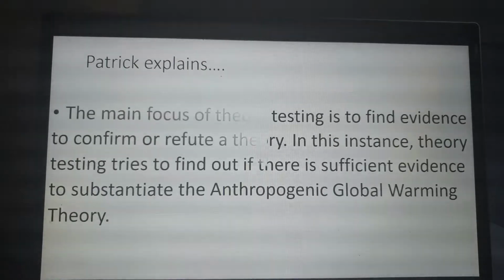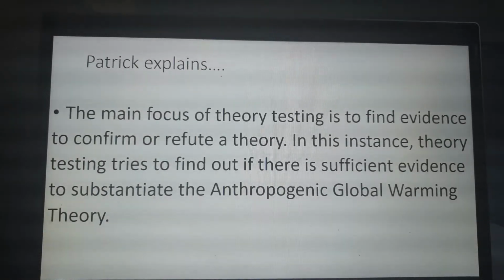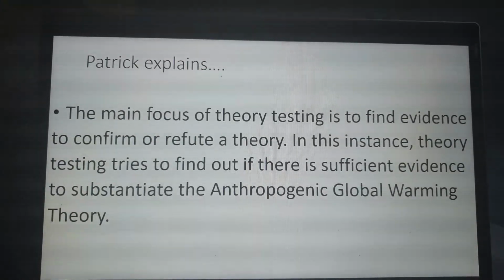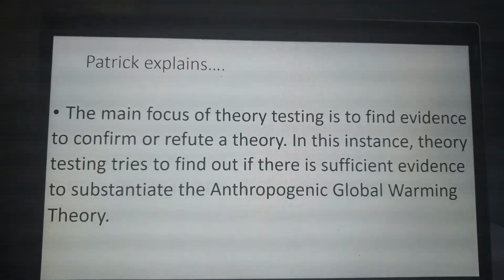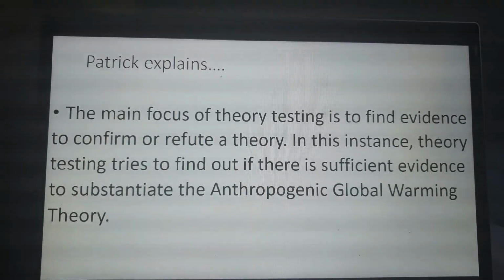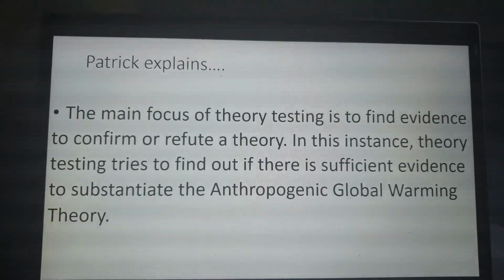But then again, Patrick explains, the main focus of theory testing is to find evidence to confirm or refute a theory. In this instance, theory testing tries to find out if there is sufficient evidence to substantiate the anthropogenic global warming theory.